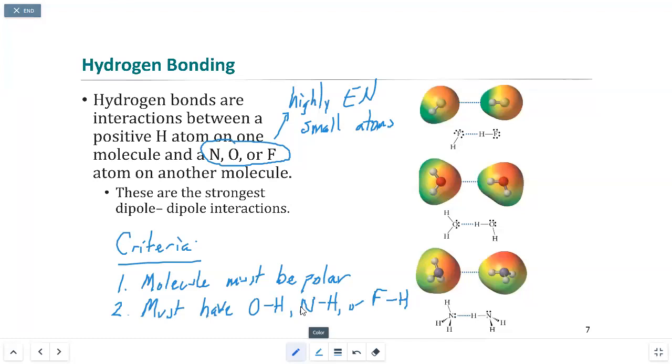And merely having one of those three atoms in it is not enough. That atom has to be bonded to a hydrogen. That's why it's called a hydrogen bond.